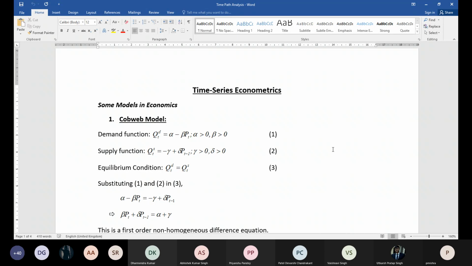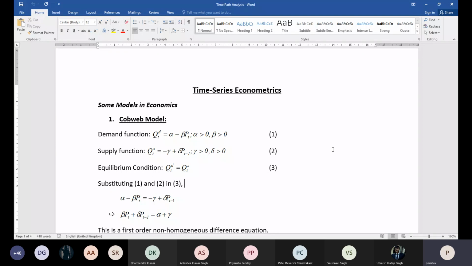Because producing output and supplying to the market, these processes take a bit of time. So here we are assuming that the impact is not instantaneous. Impact on supply is not instantaneous, whereas impact on price is instantaneous.